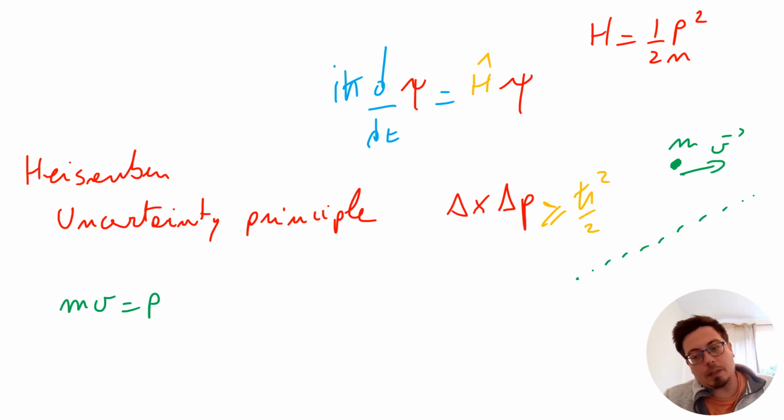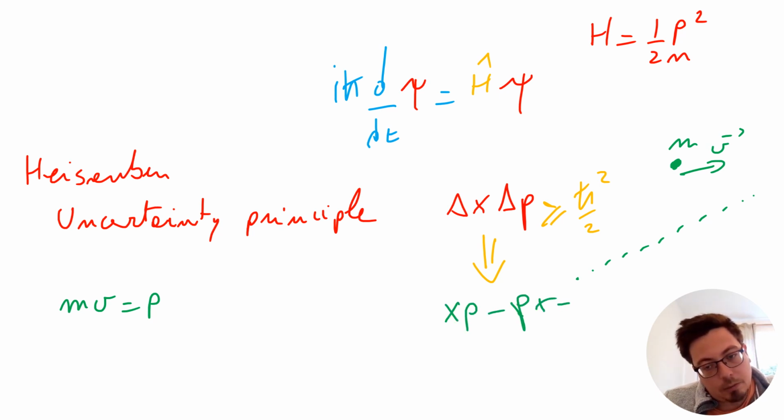And this tells us that you cannot measure precisely position and momentum at the same time. And this is completely related to the fact that the operators that represent x and p have the property that they are not commuting. Non-commuting.